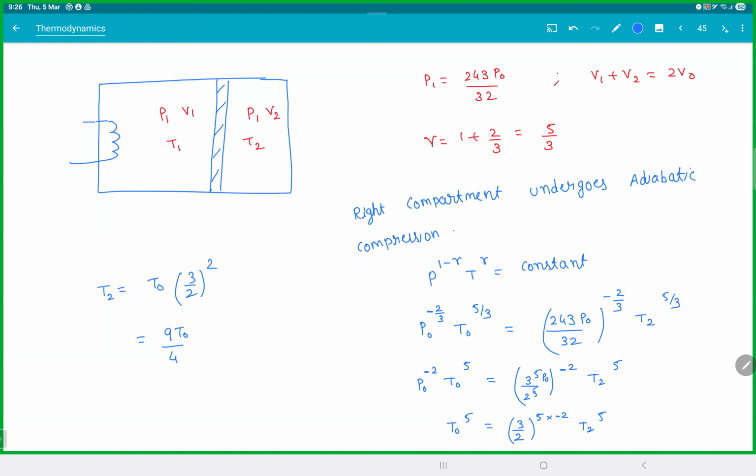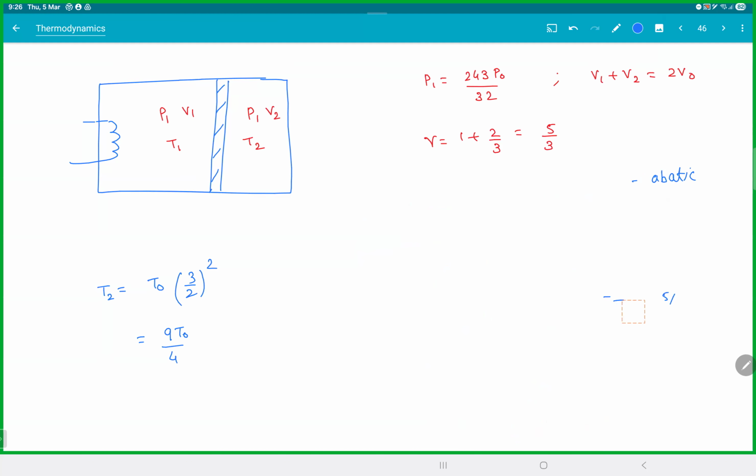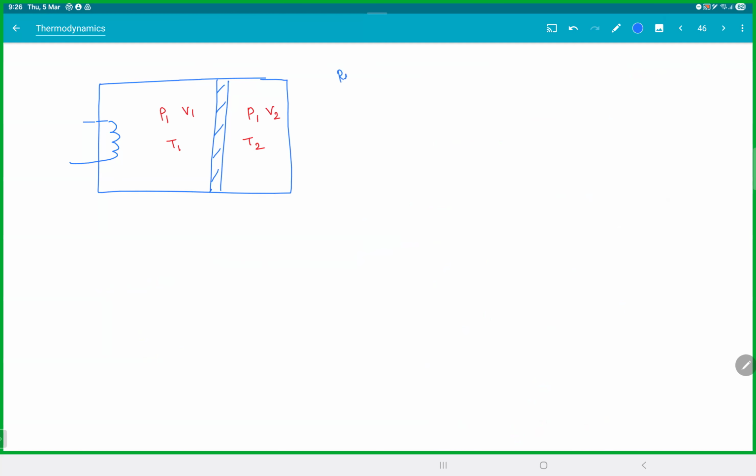So how do we find the second one? Look at this. You already know the temperature of the right compartment, isn't it? So for the right compartment, I can use this: P naught V naught by T naught is 243 by 32 times, with the number of moles remaining the same, the volume V2 and temperature 9 T naught by 4.